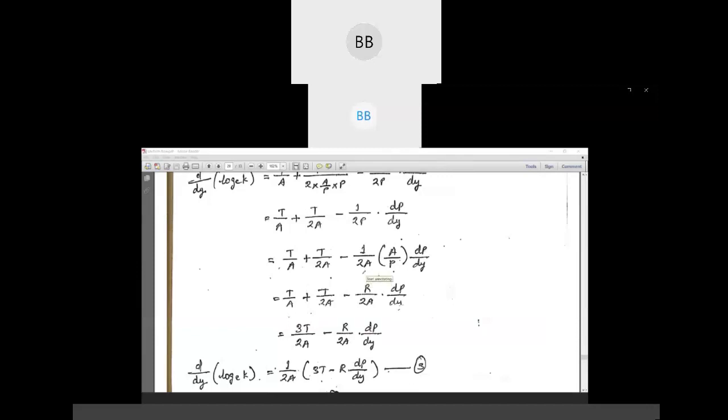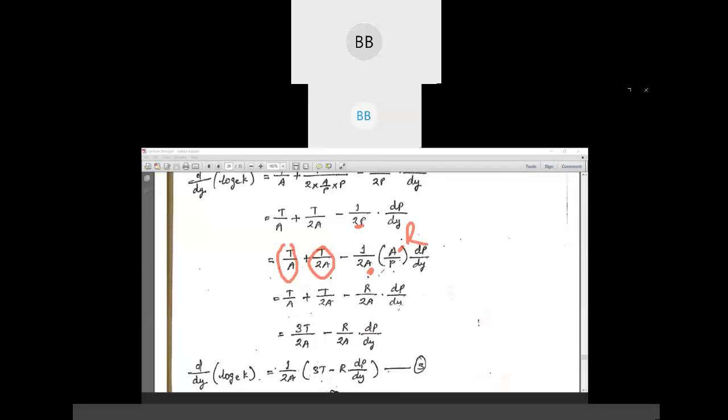Next, this will remain same. This also remains same. Then we have written a here and also here, so that we can bring 1r here. We need 1r. That is why if we solve this, we will get twice p, because this a will be cancelled out.